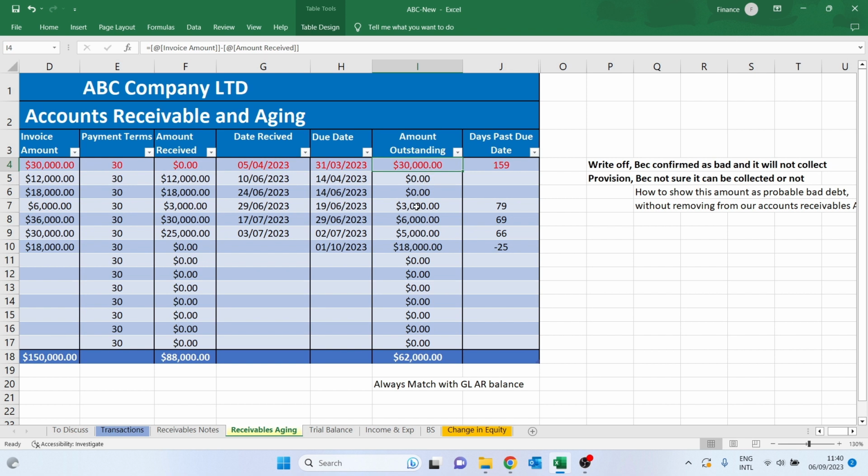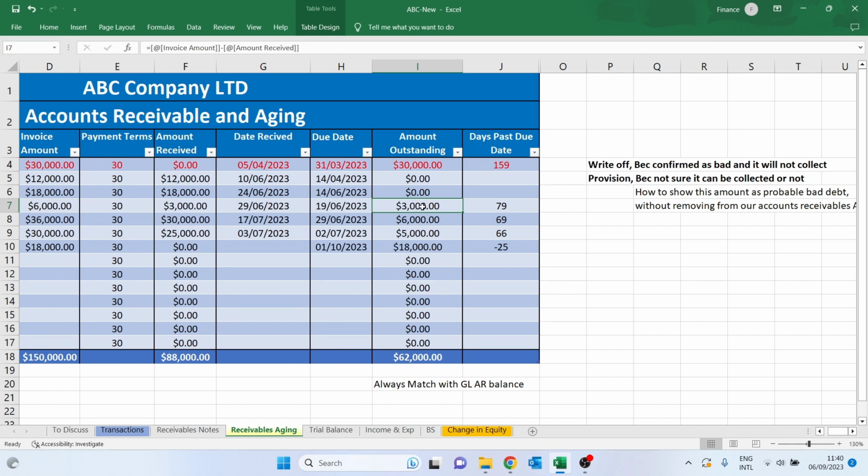So we'll discuss this. And for this 3,000, one thing, we need to keep this one in the accounts receivable. At the same time, we need to secure an amount equivalent to this 3,000 in the financial statements. So we are going to discuss these two separately. Yeah.